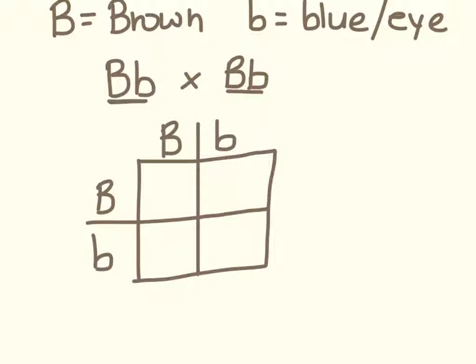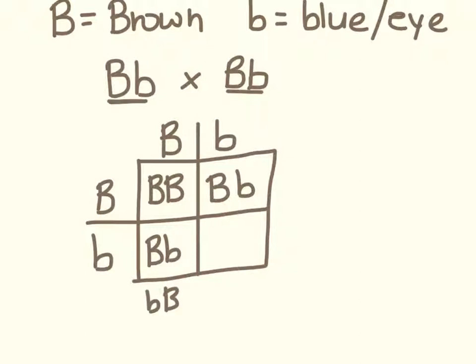Then we will do our multiplication, capital B across, the lowercase b down. Here we have capital B lowercase b. Now it doesn't matter which order. I just tend to always put the capital letter first, especially when I'm looking to see what's happening in the problem. But either way you do it, it's going to be the same outcome.